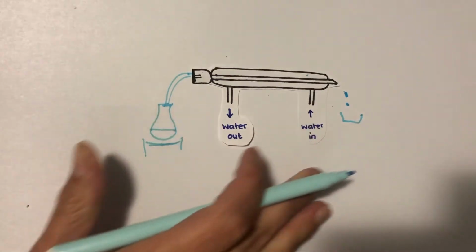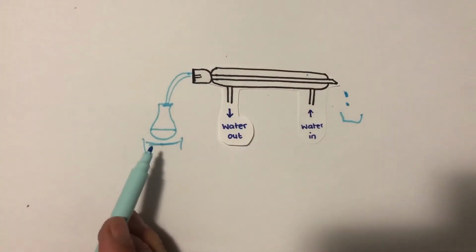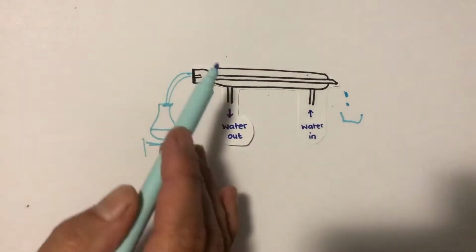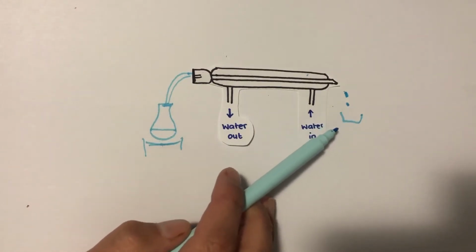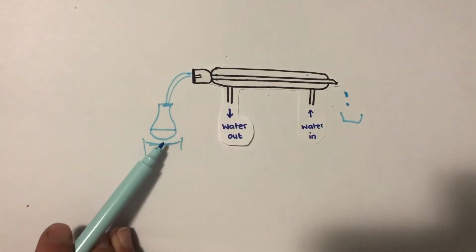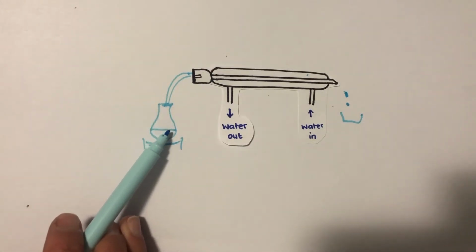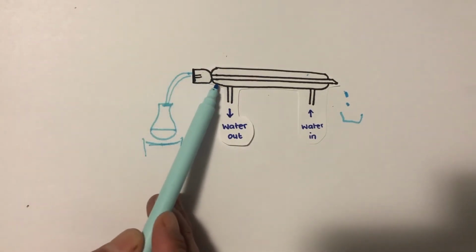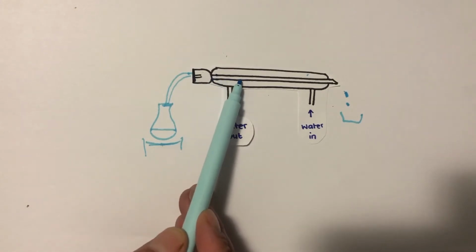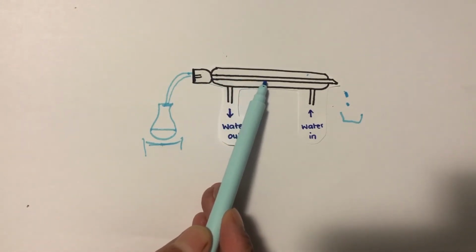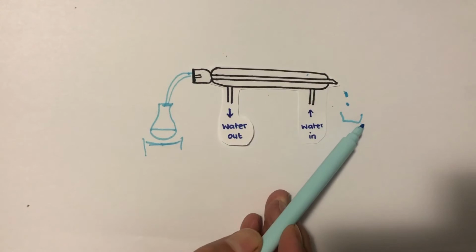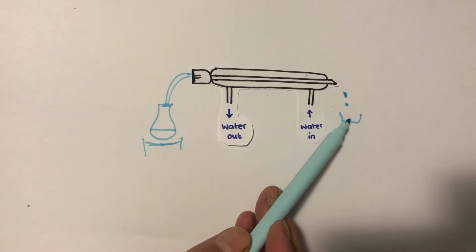Okay, so this is the setup that we use when we oxidize an alcohol to become an aldehyde, and we want the aldehyde at the end. So the aldehyde forms, and as it forms, it becomes a gas, and then it travels through the tube, and as that tube cools down the gas, it becomes a liquid, and then it collects at the end. So that's distillation.